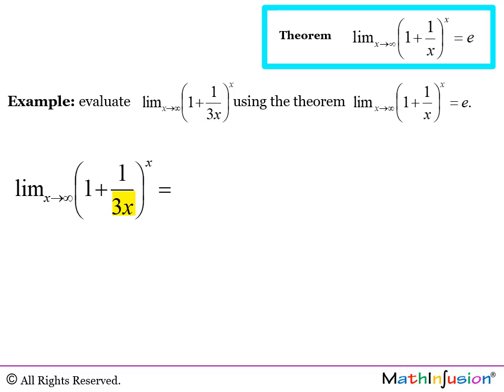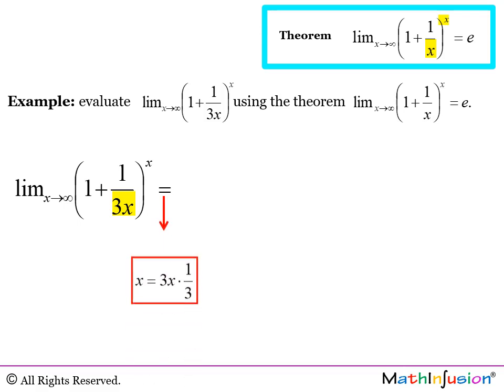So the fact that I have 3x instead of x is not a huge deal. But look at the theorem. If I change x to 3x, then I still need the exponent to be exactly like the thing that comes in the 1 over, which means I want my exponent to include 3x.